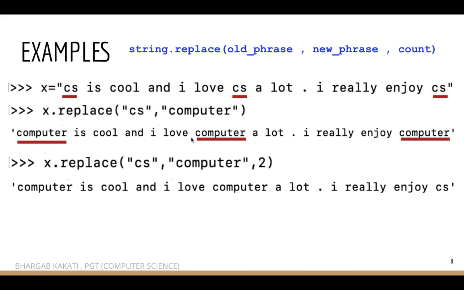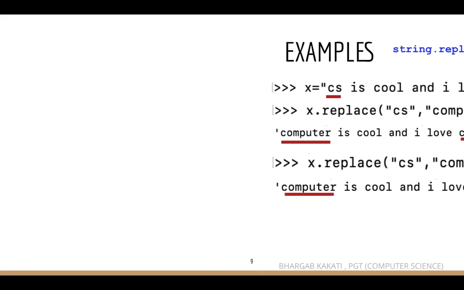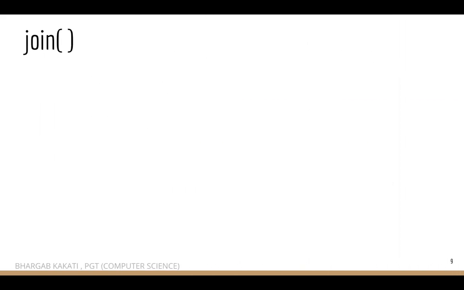Out of the 3 times that CS has occurred, 2 times it will be replaced. So the result is computer is cool and I love computer a lot, full stop, I really enjoy CS. The last CS is not being replaced. Why? Because I gave the value of count as 2. Therefore, the first 2 occurrences will be replaced and not the remaining ones. Got it?